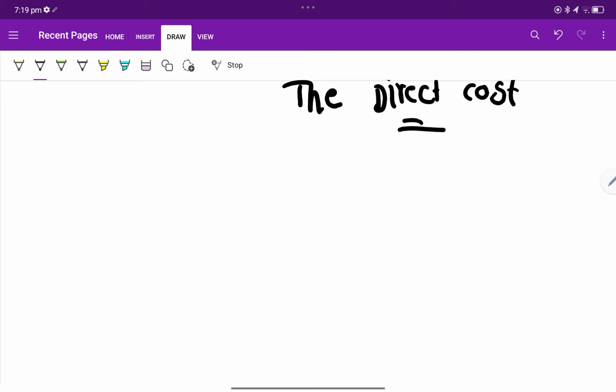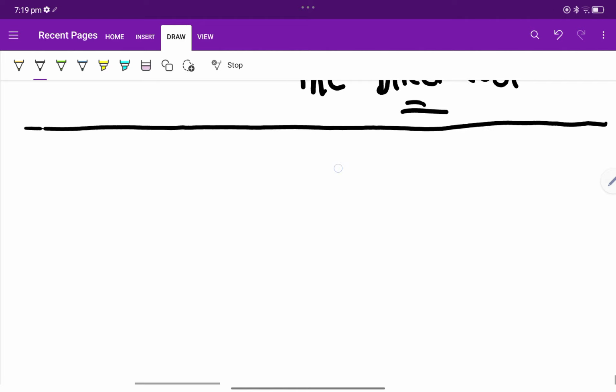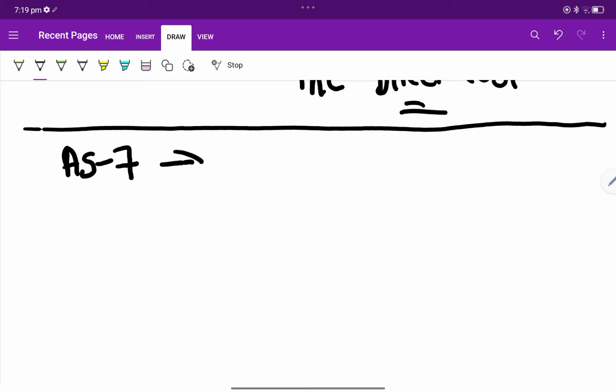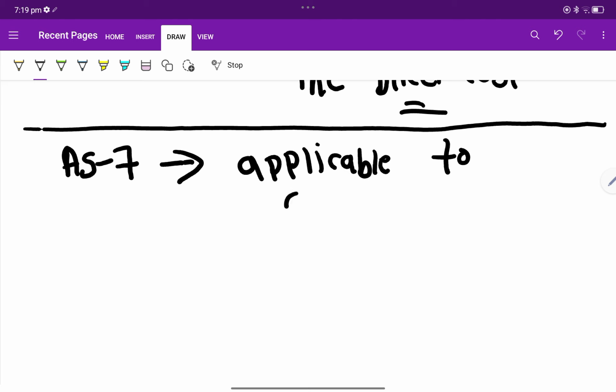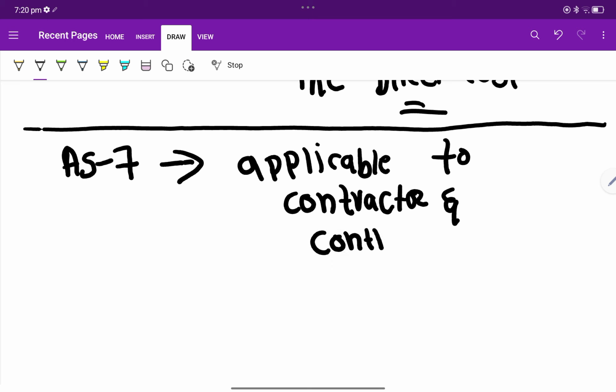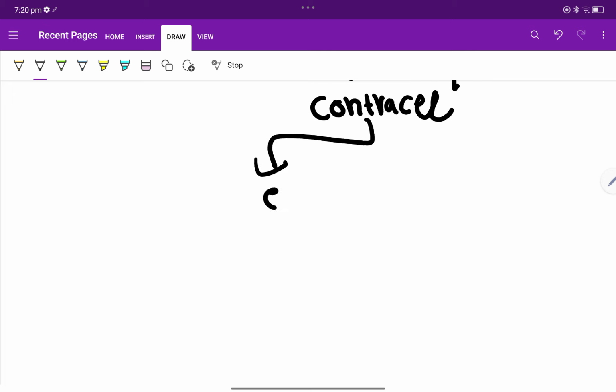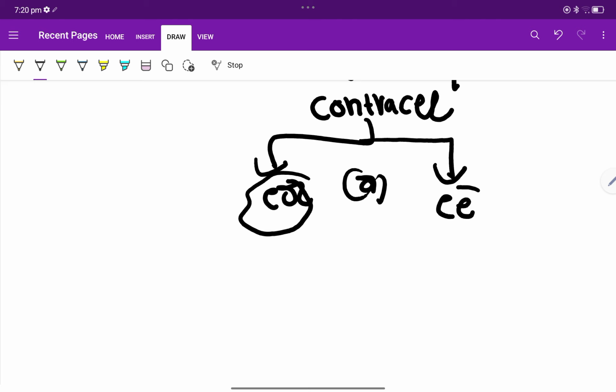Yes, sir. Before going to the recognition of revenue, you should know the basic difference. Is AS-7 applicable to contractor and contractee, or either contractor or contractee?